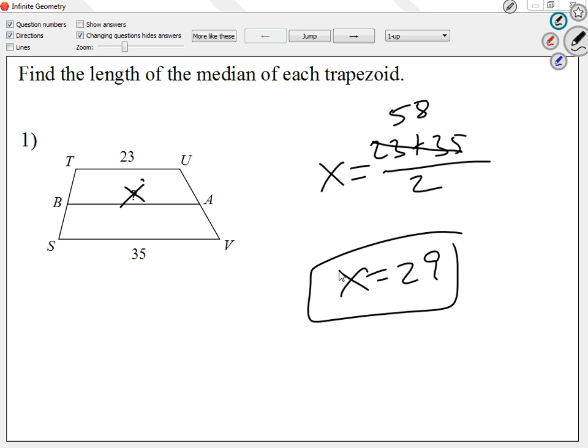If the fraction is all numerical, we can work it out. And if we think of the numbers 23 and 35, the number right in between them is 29. Once again, the median or mid-segment, however you guys want to call it, it's the average of the bases. Always divide by 2, yes.